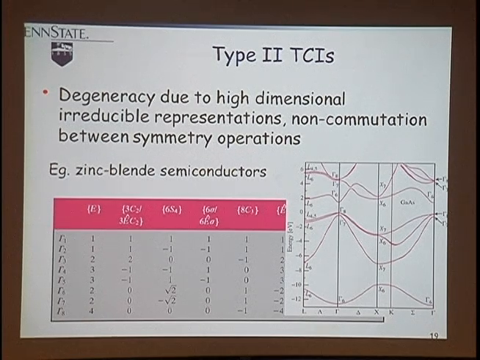The best example we know is the zinc blende semiconductor, where there is this gamma 8 state which has fourfold degeneracy. This gamma 8 representation is a higher dimensional irreducible representation, and it corresponds, for example, to the heavy hole and the light hole in semiconductors. They are fourfold degenerate at the gamma point, so all the states will be labeled by these irreducible representations.